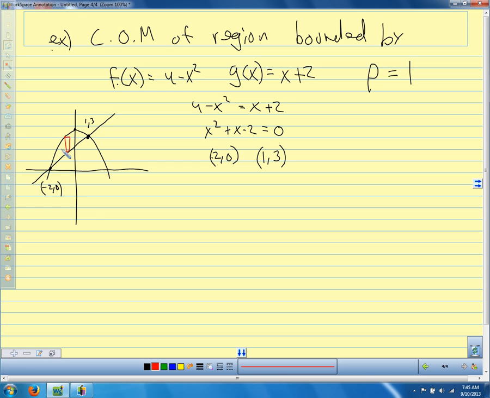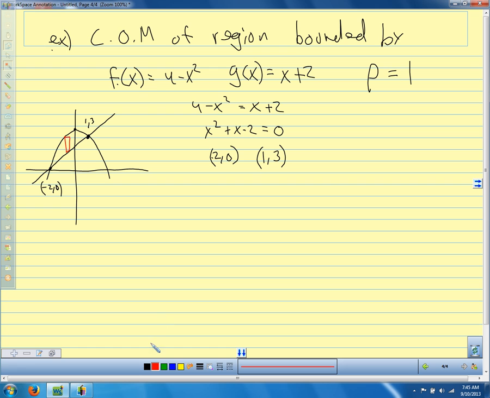If I set my rectangles horizontally, when I got to here, I would have to switch and do a different integral because the sideways rectangles would go from one side of the parabola to the other side. So this one is not difficult. Now we're just back to calculating basically the area between the curves, plus a little extra stuff in our integrals for our x bar and our y bar.